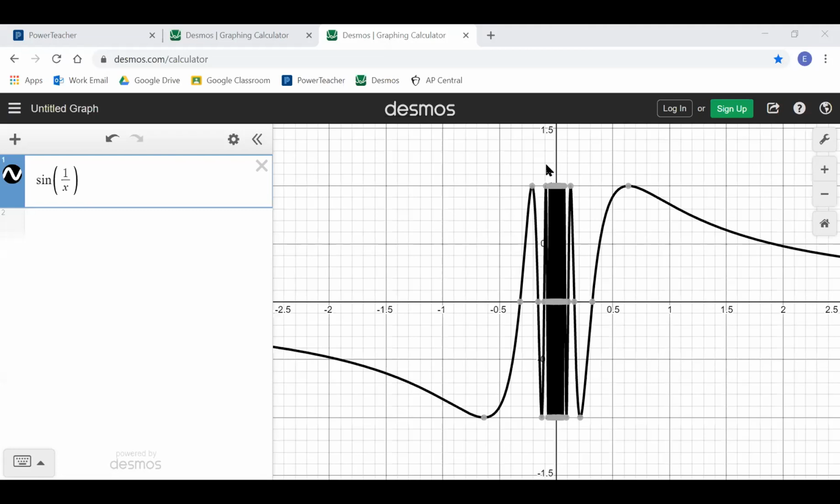Nadine, right? The question then is 1 over 0 is undefined, but we're not actually doing 1 over 0, right? We're looking at what happens as we get very, very close to x equals 0. What's happening to 1 over x?